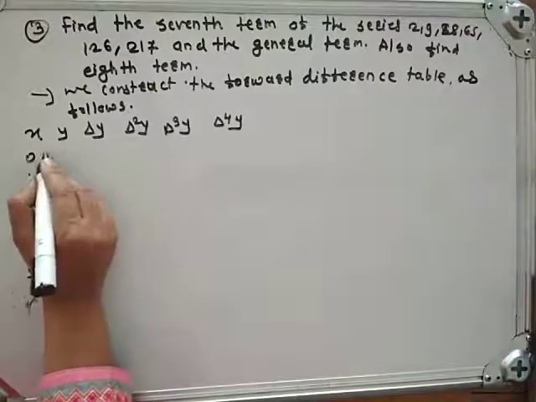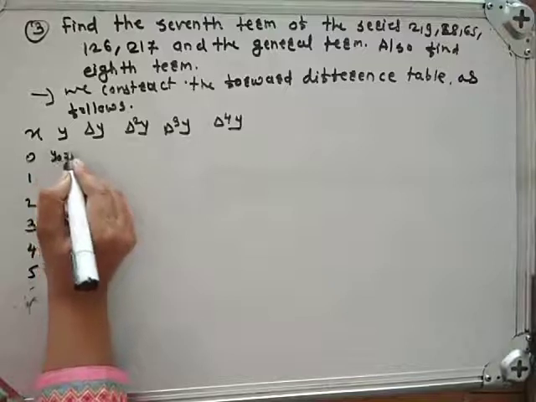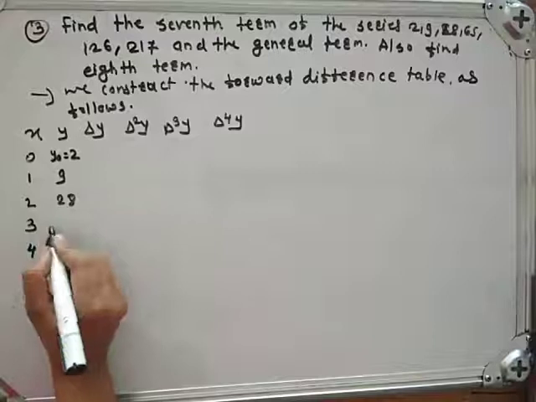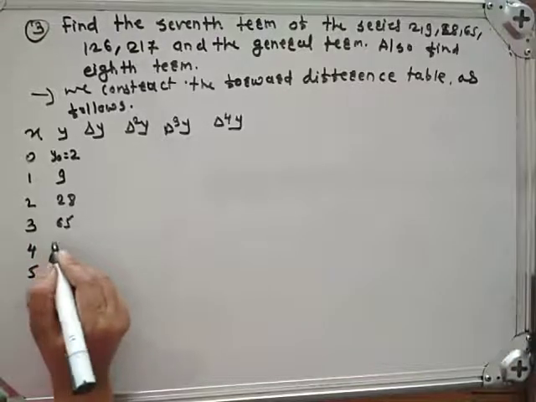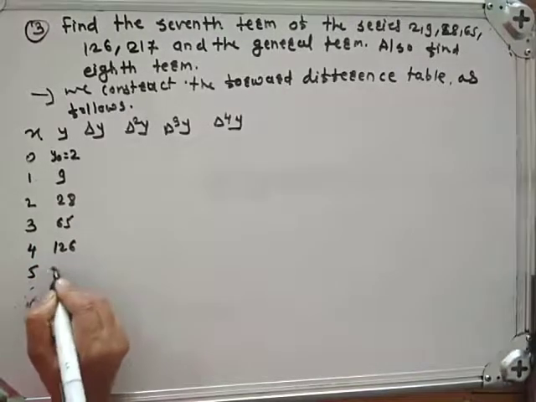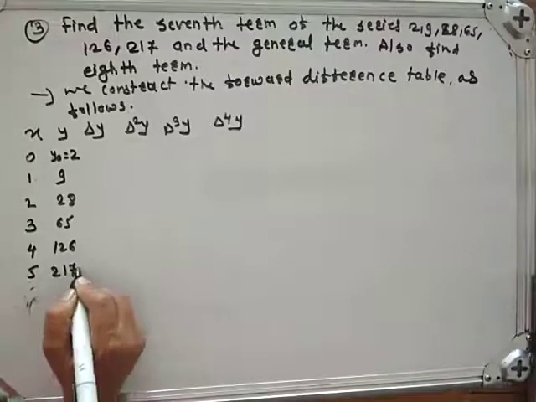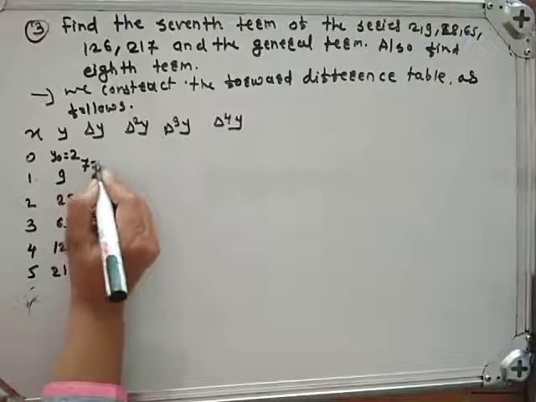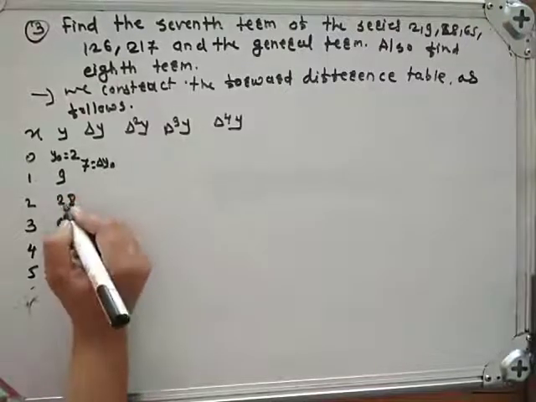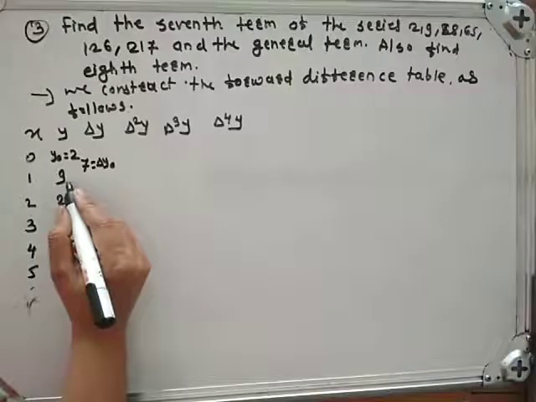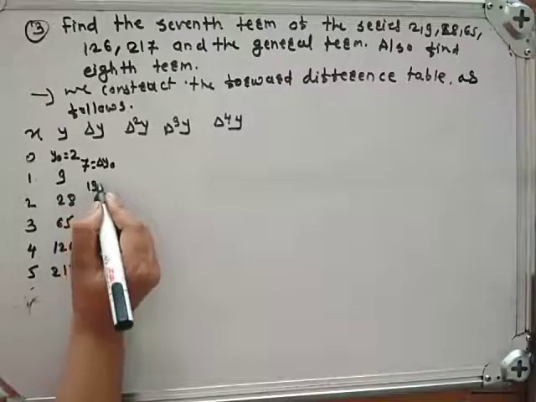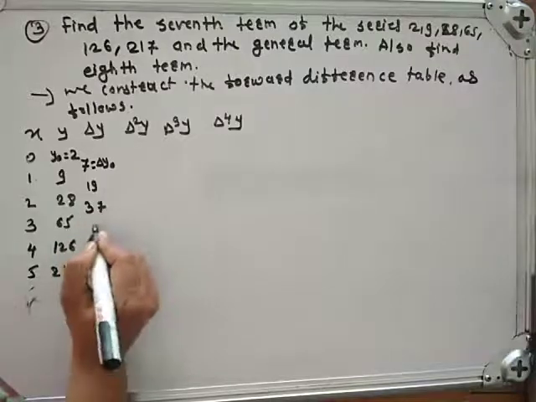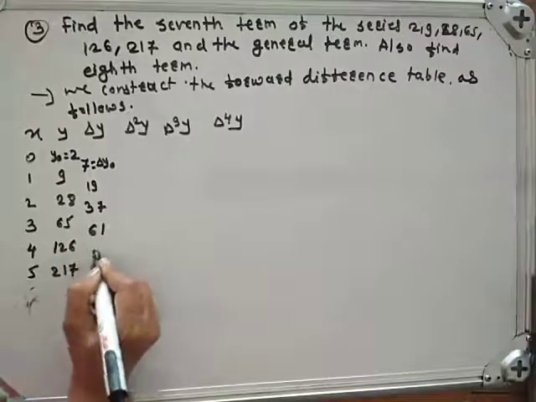So first value y0 is equals to 2, 9, next is 28, next is 65, next is 126, and this is 270. Difference of these two is 9 minus 2 is 7. This is delta y0. 28 minus 9 is 19. Next is 65 minus 28, 37.